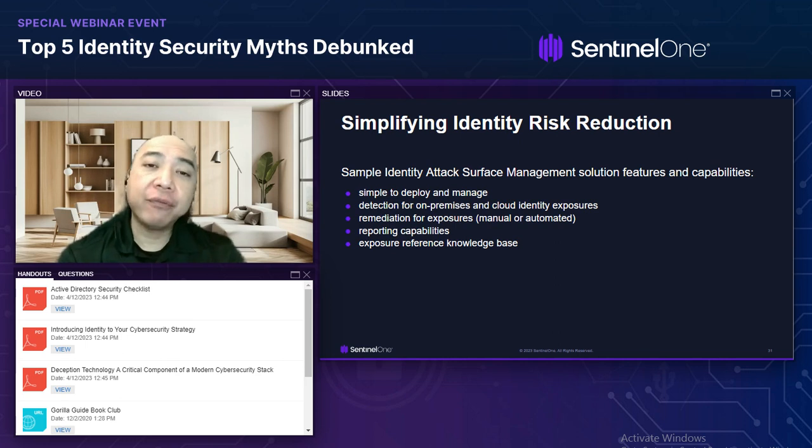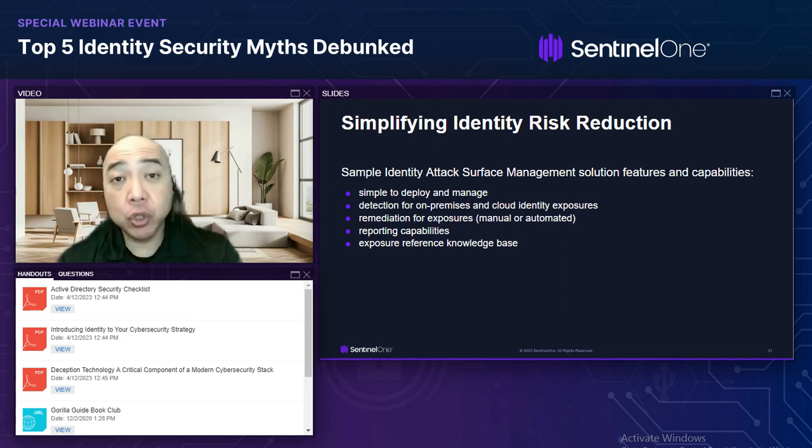And then it should have reporting capabilities as well. You should be able to get a full readout of all of your exposures so you can prioritize them. And then, of course, it should tell you what those exposures are, right? You should have the ability to look up that exposure without having to do manual research on your own. So an identity attack surface management tool should have some of these, if not most or all of these features, because then it helps simplify that risk reduction.